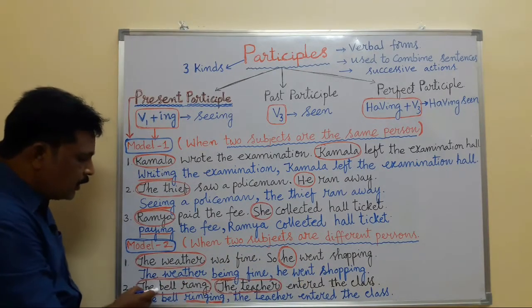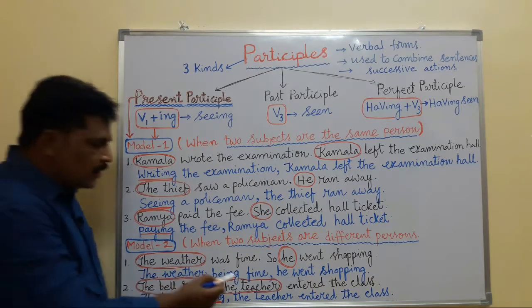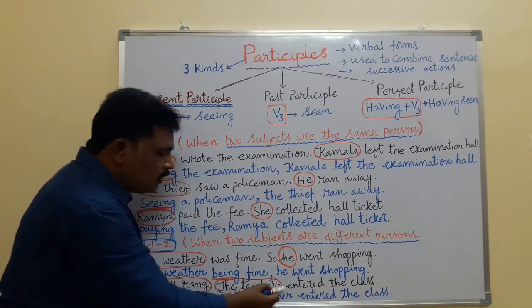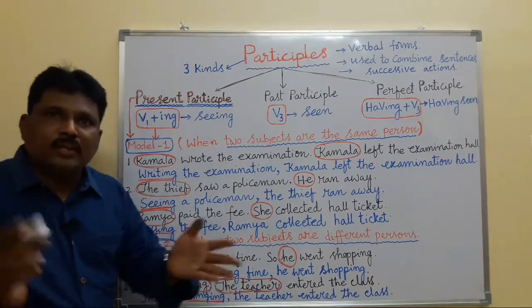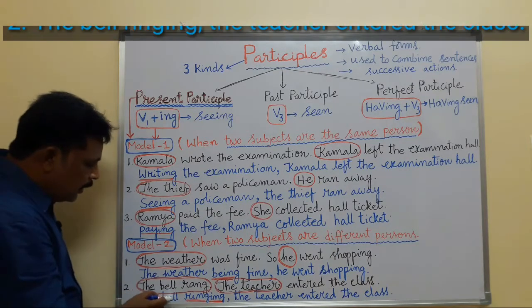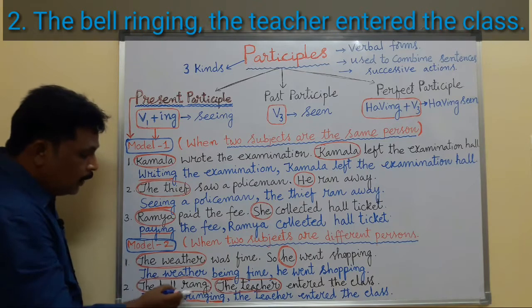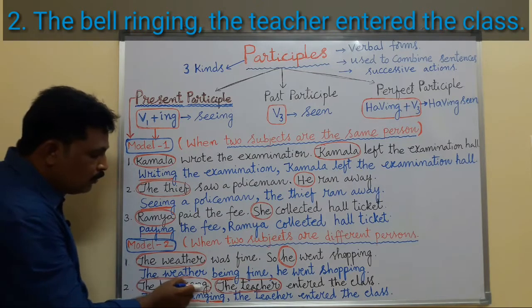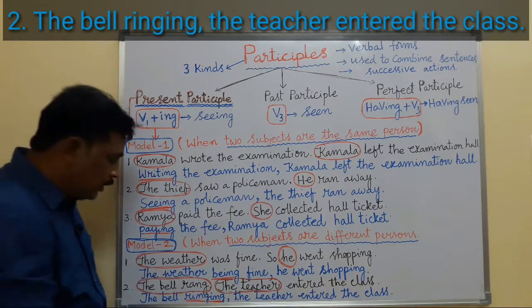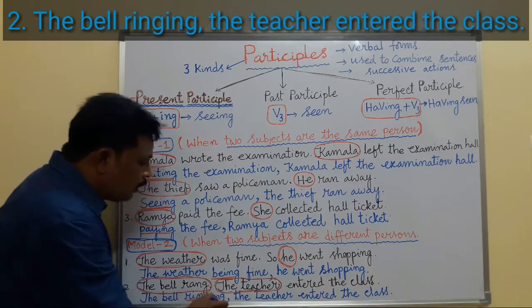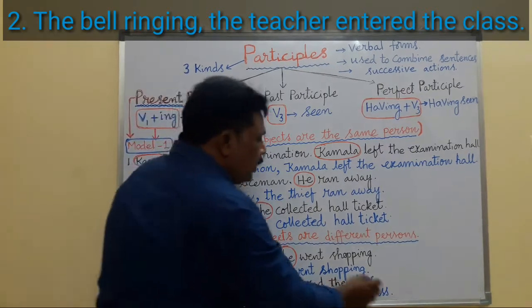In the first sentence the subject is the bell, in the second sentence the subject is the teacher. So two different subjects. Then you write the answer. The bell. We start the answer with the first subject of the first sentence. What is the V1 plus ing form of rang? Ring plus ing, ringing. The bell ringing, comma, the teacher entered the class.